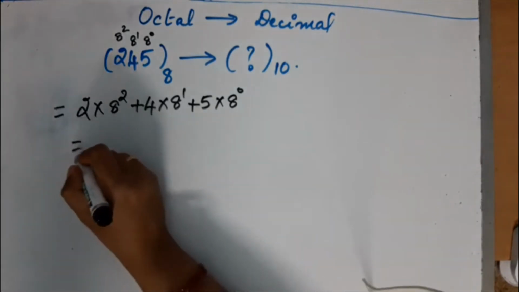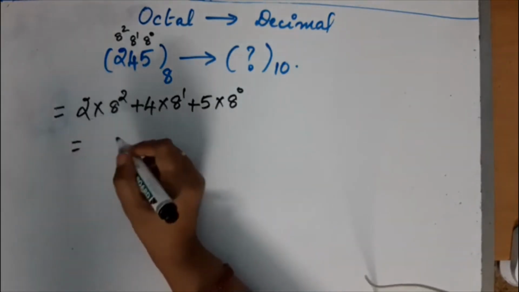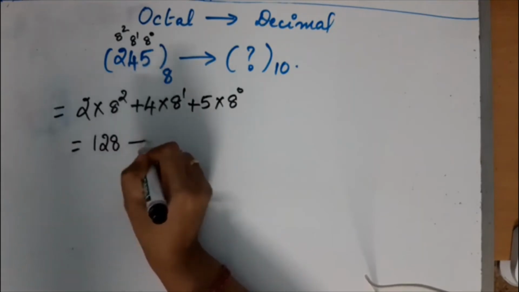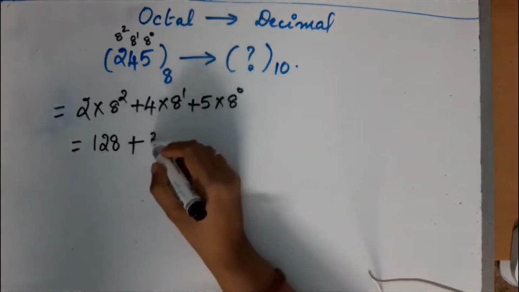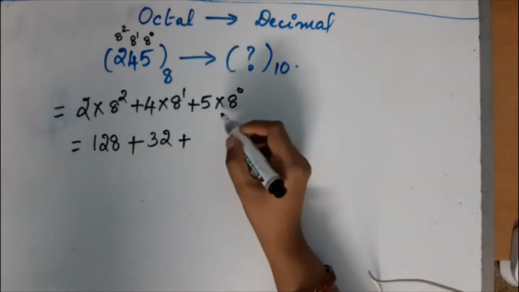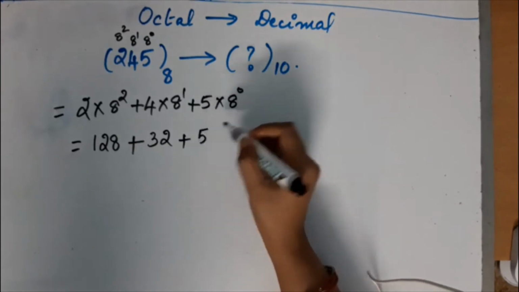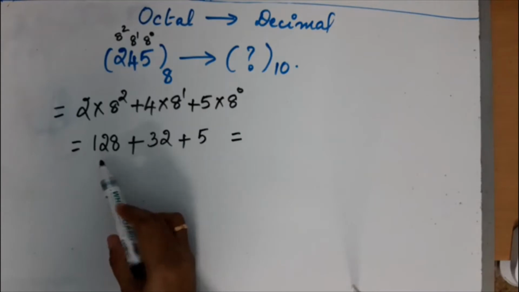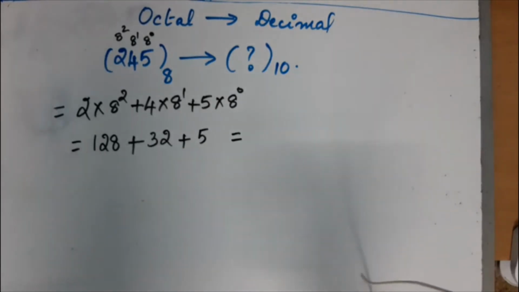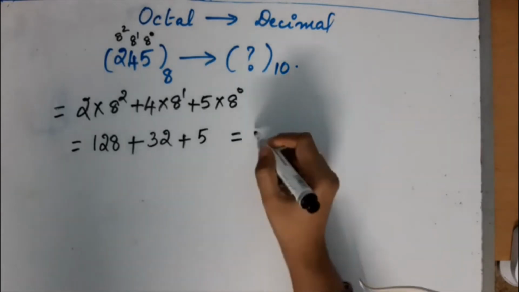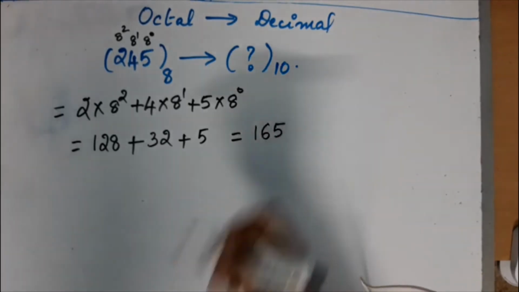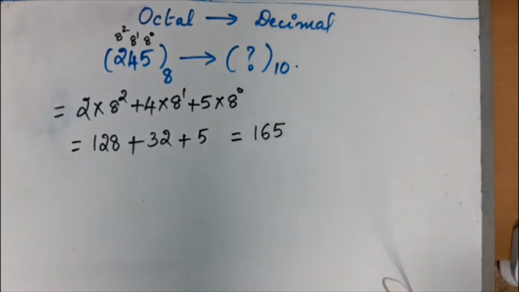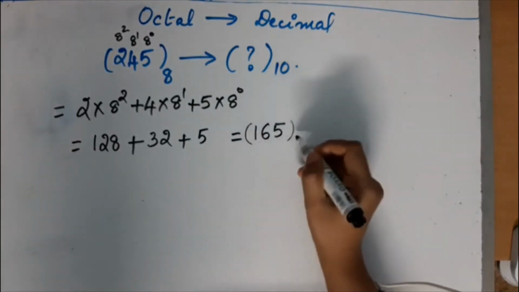So that will be 64 into 2, that will be 128 plus 8 4s are 32 plus 5 into 1, 5. So that will be 165. Correct? Yes, 165 to the base 10.